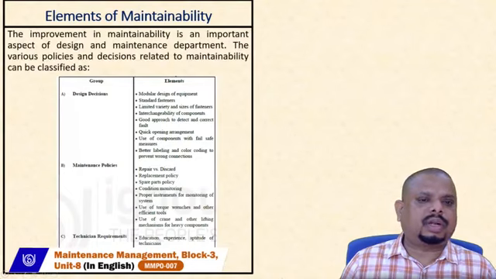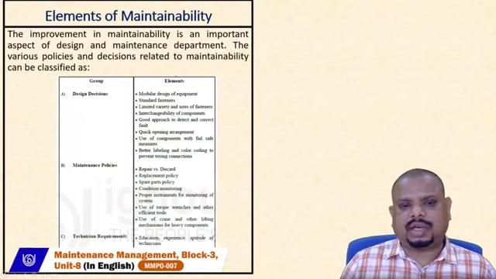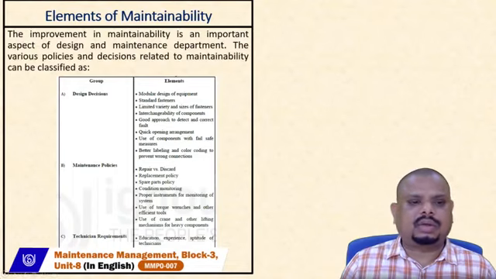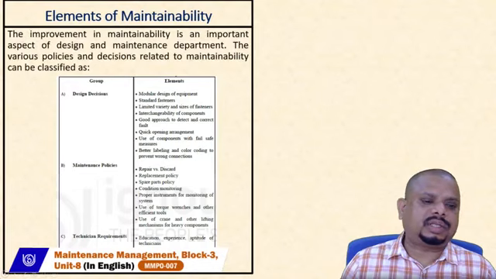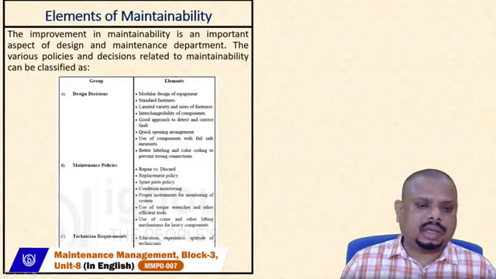Improvement of maintainability is an important aspect for design as well as maintenance departments. So various policies and decisions related to maintainability can be classified. The first one is design decisions. That means whenever you focus upon design decisions, these elements should be considered. The first one is modular design of equipment. Then standard fasteners. Most companies basically use MS, millimeter size fasteners.